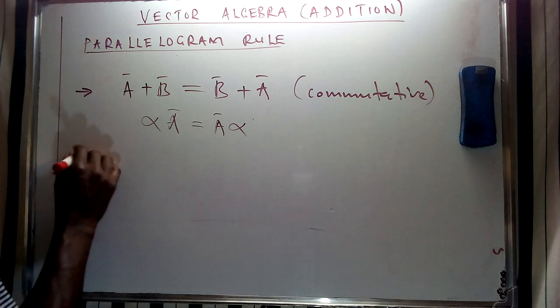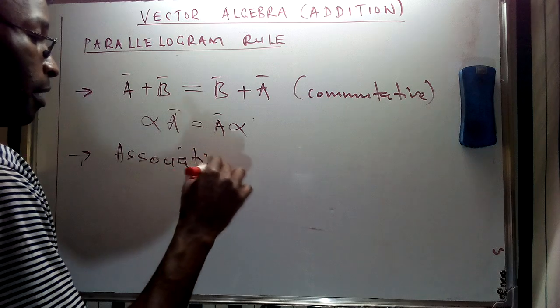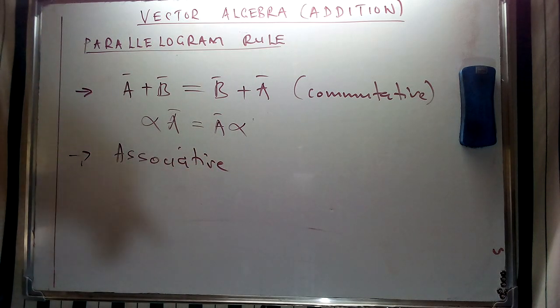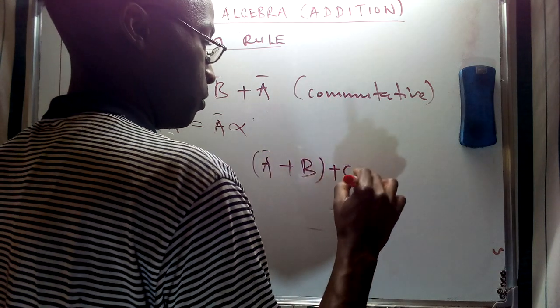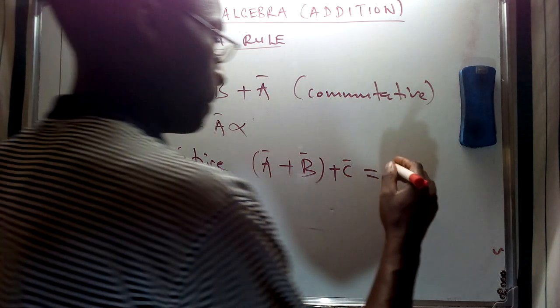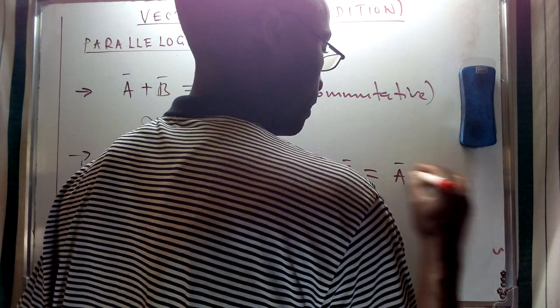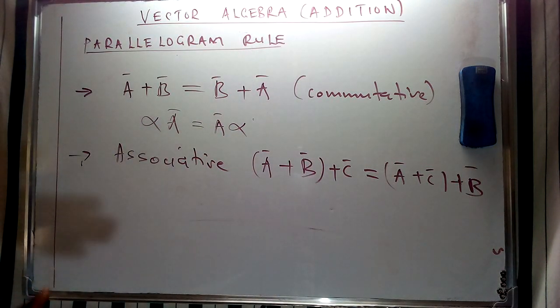The second law that is applicable in vectors is the associative law. For the associative law of addition of vectors, we have A plus B, and then this is added to C, vector C, which is equivalent to A plus C plus B. So that obeys what we refer to as the associative law of addition of vectors as I've indicated on the board.